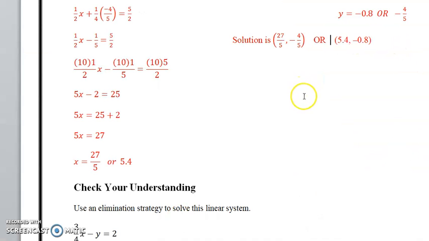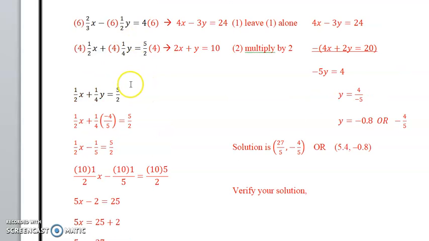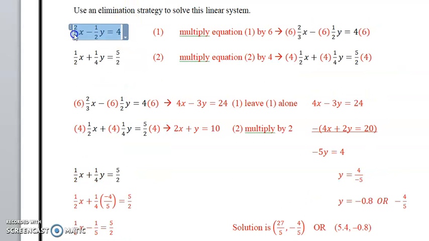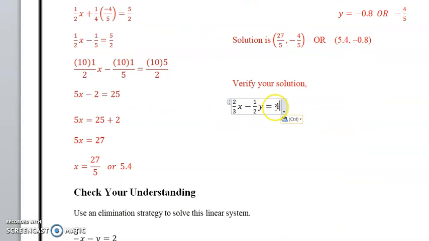Quick verification. To verify your solution algebraically, take one of the equations. I'm going to use the first equation to verify, because I used the second equation to solve for my x variable before.